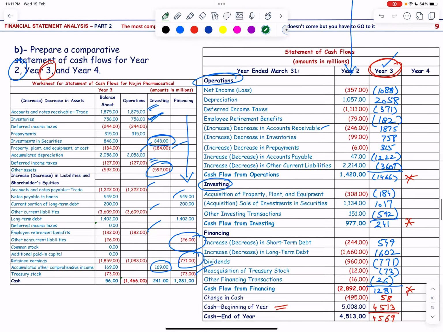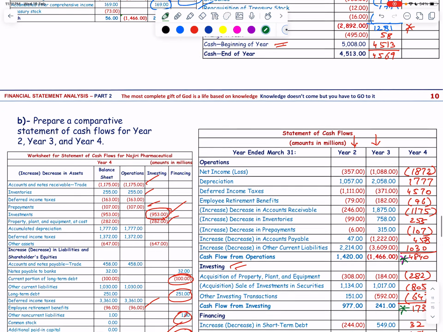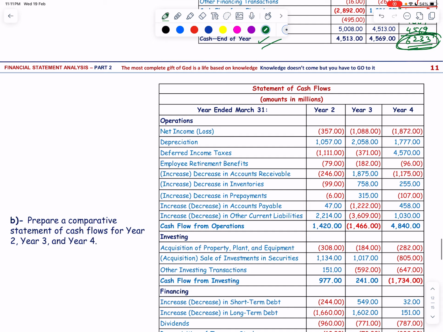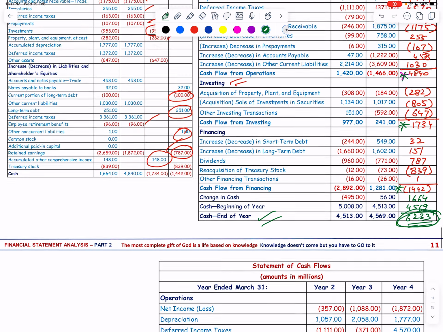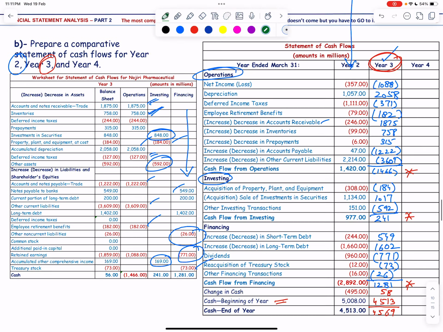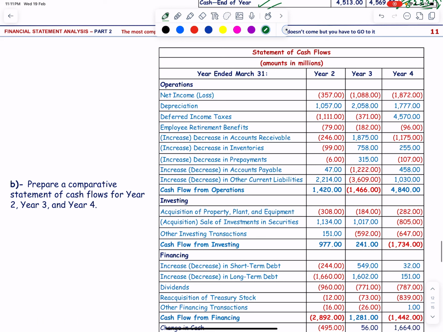Next, we have prepared all three, this was for year number 2, and then we have done for year number 3, and then we have done for year number 4. All these values have been placed over here, and that is the comparative statement of cash flows for year number 2, 3 and 4.